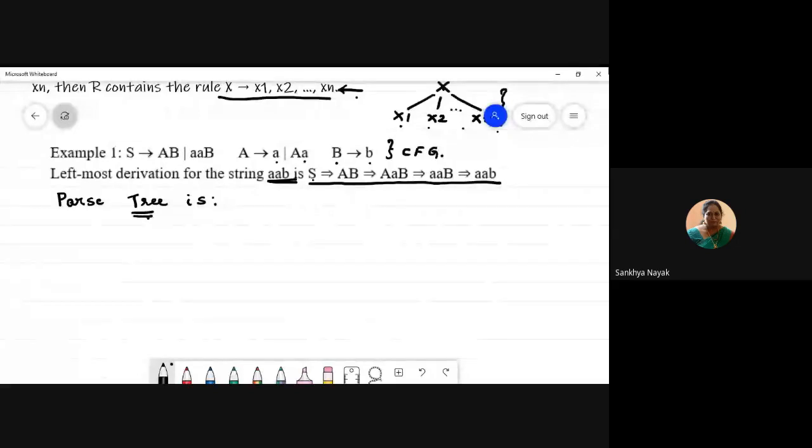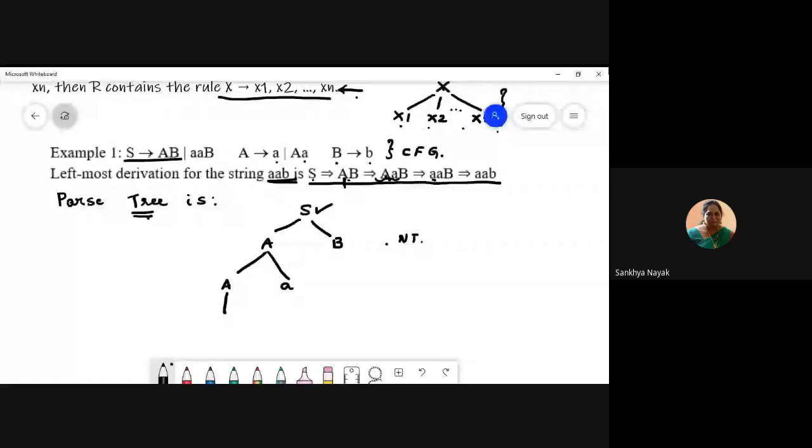It says S derives AB, right? So S derives A and B. Check here, we started with S, the starting symbol, and we have two non-terminals. Keep in mind that after this, the left A is expanded as AA, correct?